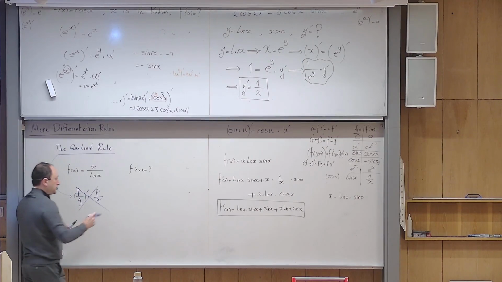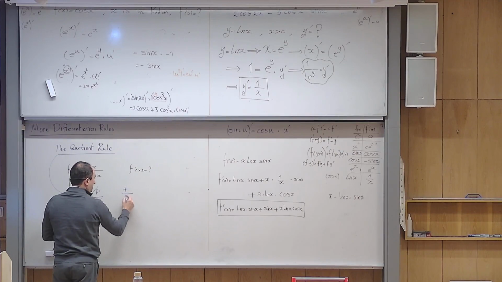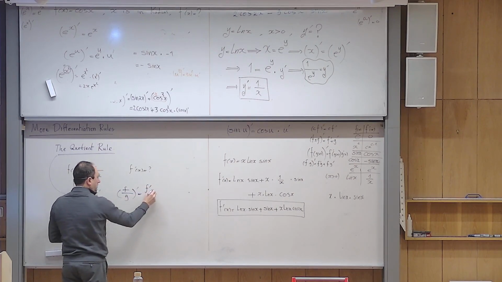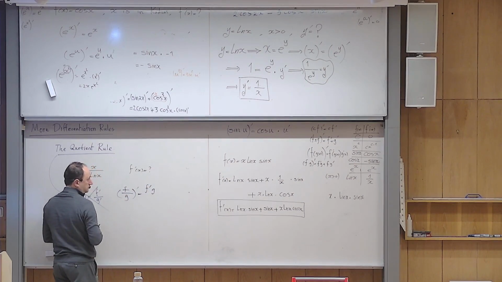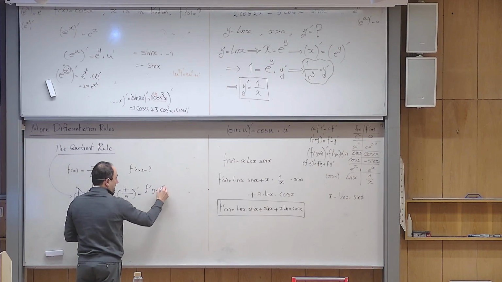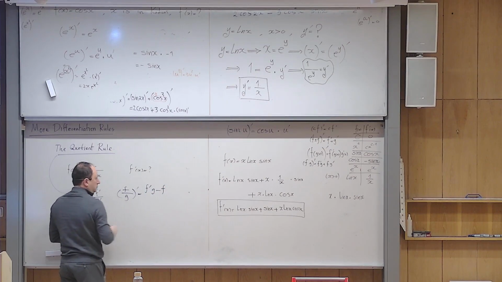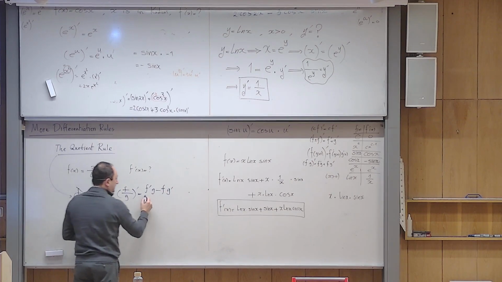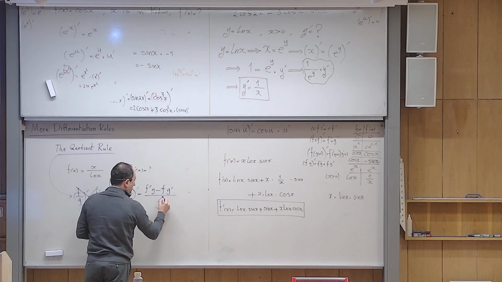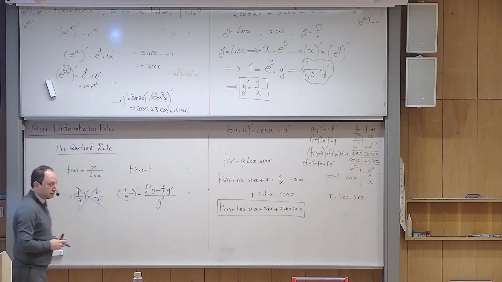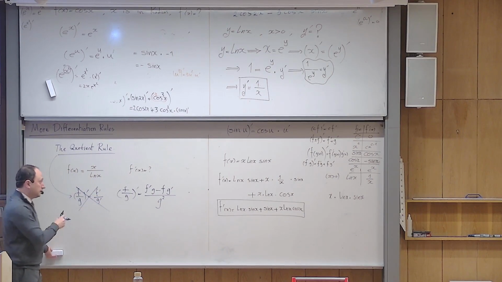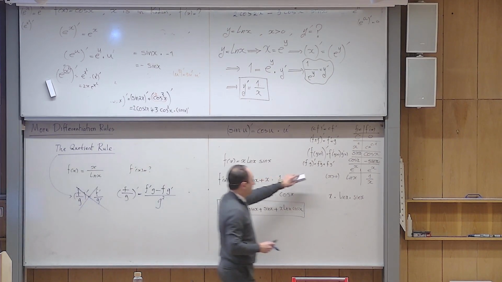The correct version is this. (f over g)' is equal to the derivative of the numerator multiplied by the denominator itself, minus the numerator itself multiplied by the derivative of the denominator, divided by the denominator to the power of 2. So this is the chain rule. Sorry, this is the quotient rule. So that I will add here.